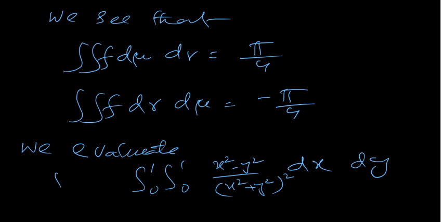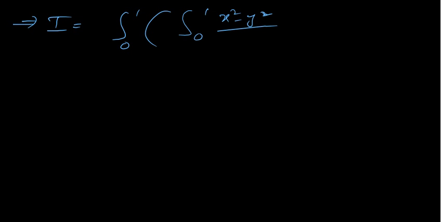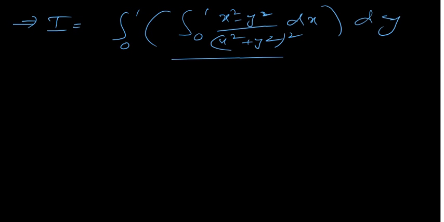So let's denote this integral by I. Okay, so this implies this integral I is equal to integral 0 to 1, then integral 0 to 1, this is x square minus y square divided by x square plus y square whole square into dx and dy. Now we try to evaluate first this integral.